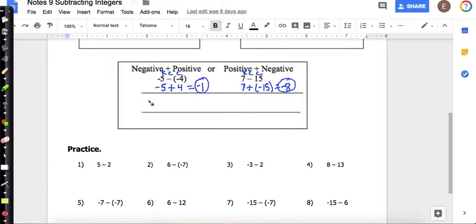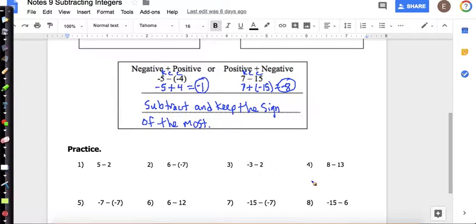So the addition rule we used here was subtract and keep the sign of the most, because the signs were different.